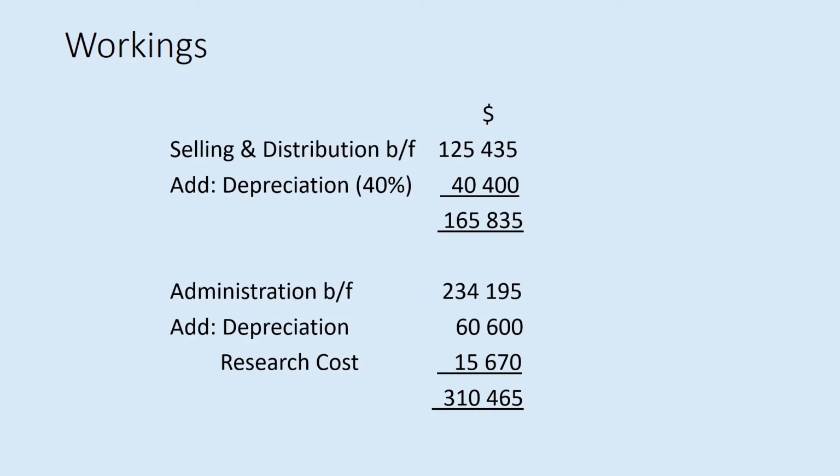Now, concerning the research cost, the normal position is either you capitalize it in your balance sheet and write it off on a regular basis over a number of years, or you can write off the entire thing in the year of occurrence. What I've chosen to do here is to write off the entire thing in the year of occurrence.